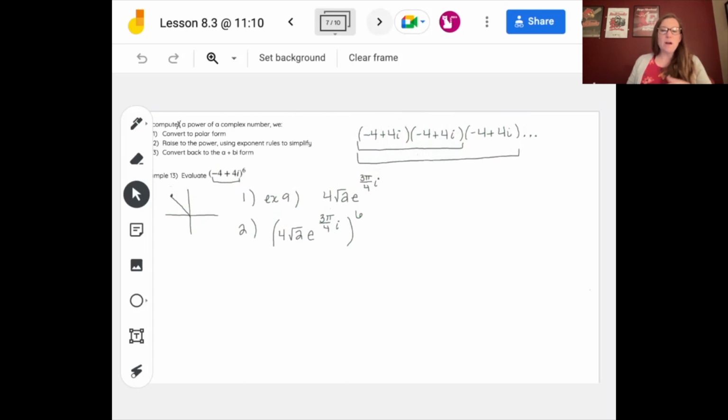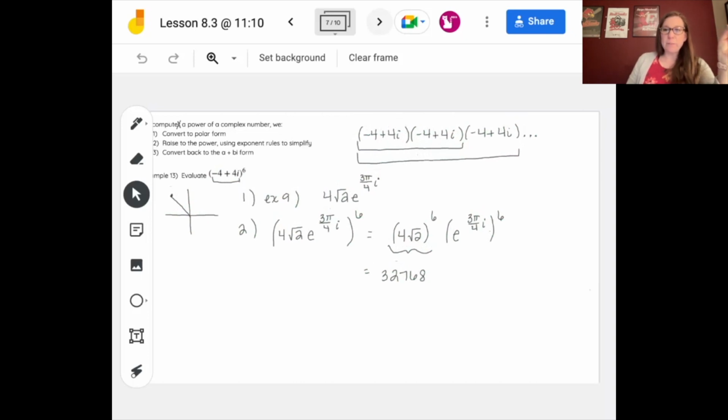I know that everything on the inside needs to be raised to that power. So I'm going to do 4 square roots 2 to the power of 6, and then I'm also going to do e to the 3 pi over 4i to the power of 6. Here's calculator work. Easily plug that into your calculator, and we're going to get a pretty large number. Don't be alarmed. 32,768.